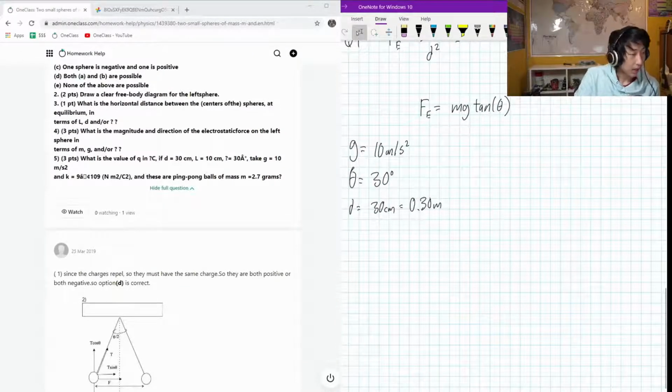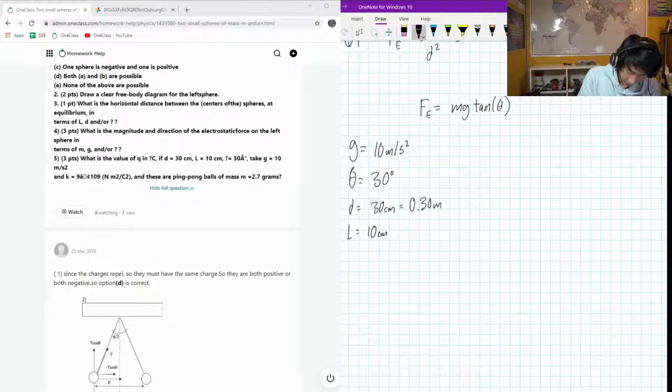Okay, and what else was given? L is 10 centimeters, and 10 centimeters corresponds to 0.1 meters. And we were looking to find the charge value.